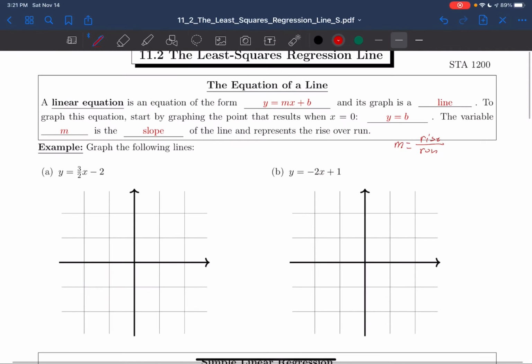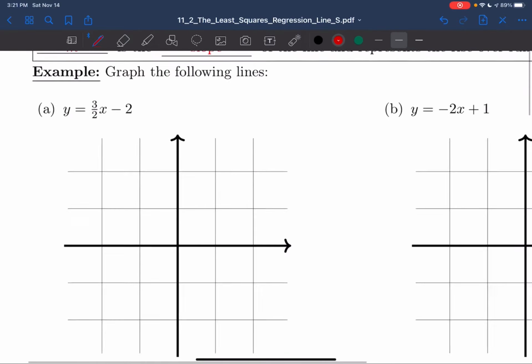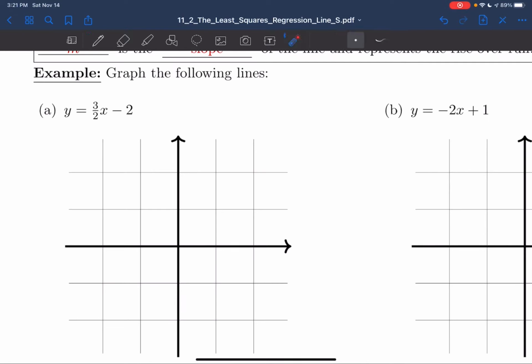So, for example, let's graph the following equation. Here we have y equals 3 over 2 x minus 2. So your slope, m, is 3 over 2, and your y-intercept is equal to negative 2.